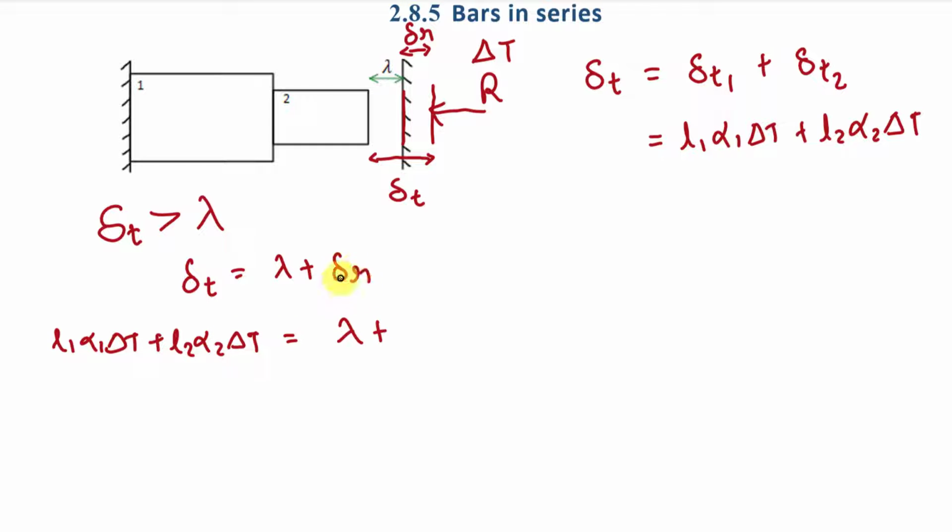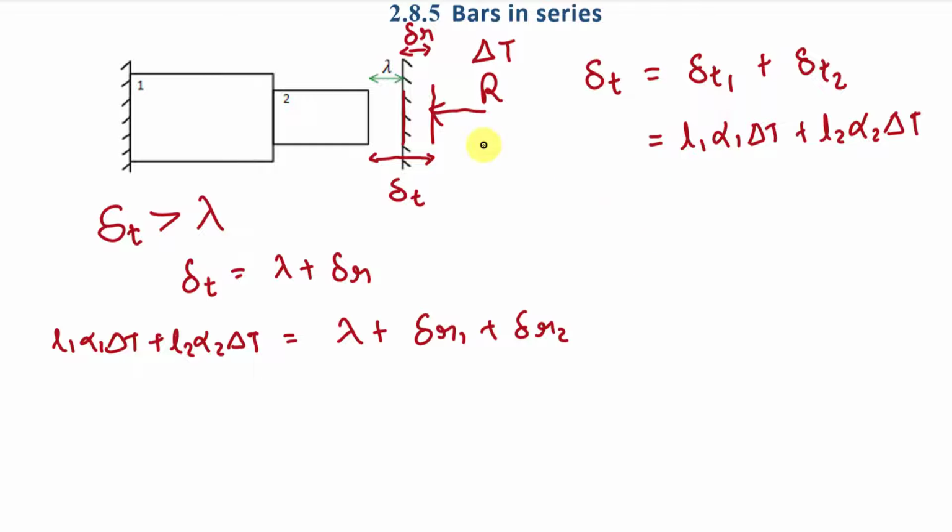So here I will write L1 alpha 1 delta T plus L2 alpha 2 delta T, which is equal to lambda plus delta R. Now what will be the value of delta R? Means what will be the value of deformation in both the bodies due to this reaction R? It will be the summation of delta R1 plus delta R2. Means deformation in body 1 due to this reaction, and deformation in body 2 due to this reaction R. Fine.